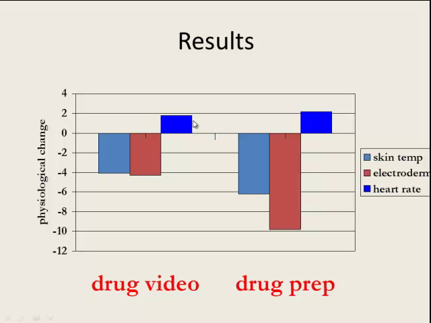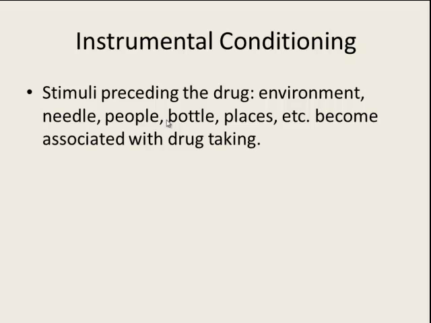Conditioned response that's similar: somebody takes cocaine, their heart rate goes up. See stimuli that associate with that, and the heart rate goes up. These are physiological responses. But these physiological responses can also induce the motivational properties of seeking out and wanting those drugs. And now we're back to instrumental conditioning, stimulus-response association.